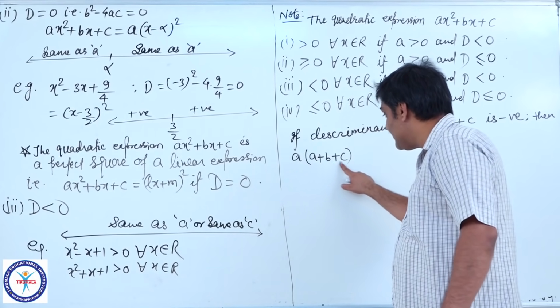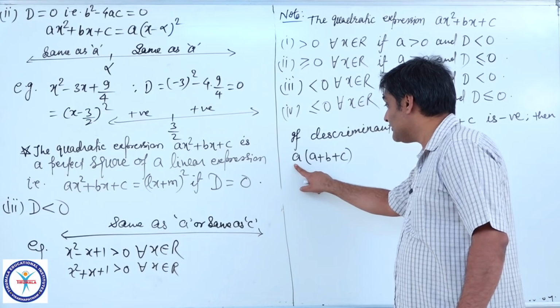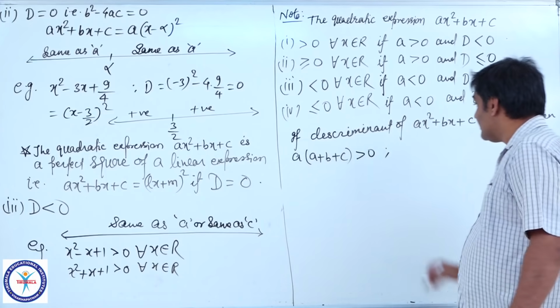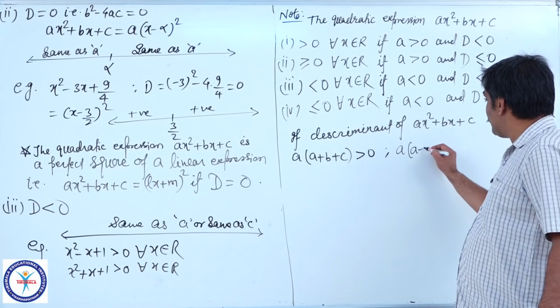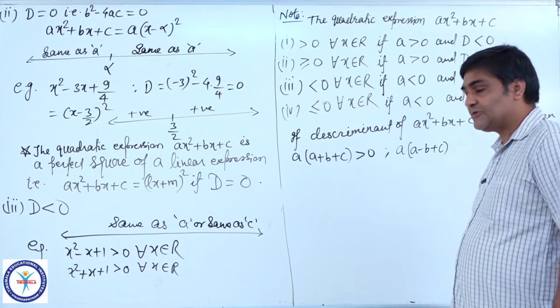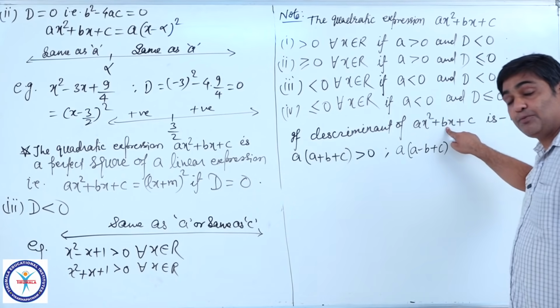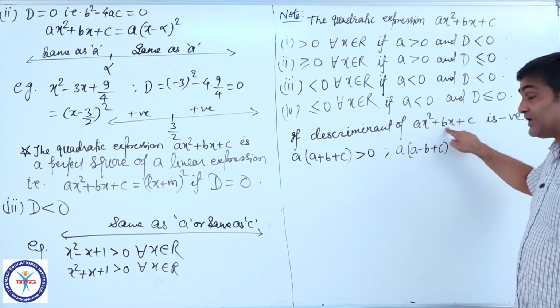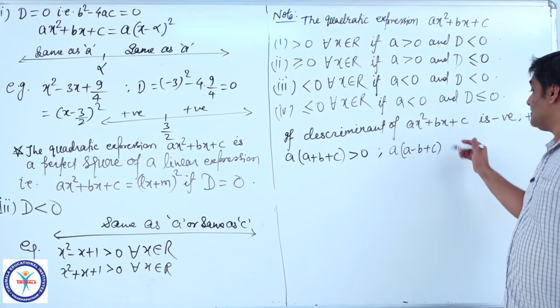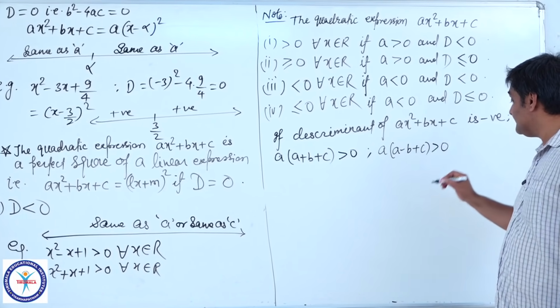The sign of a plus b plus c is the same as a. a into (a minus b plus c): if we put x equal to minus 1, we will have a minus b plus c. The sign will be the same, as a.